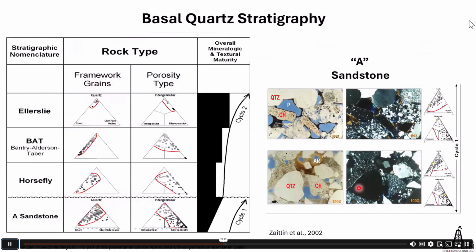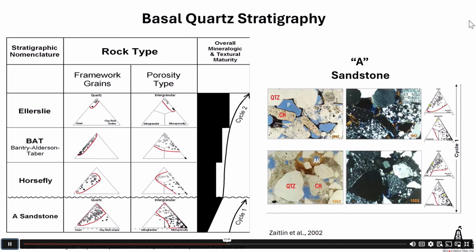So this is just a detail of what that A sandstone looked like in through here with these argillans, these clays, because at the time of exposure at the top of the A sand, rains would take the clays on the surface, percolating them down, and they would bridge the pore throats associated within these units.